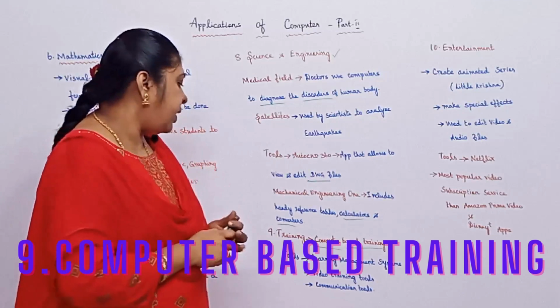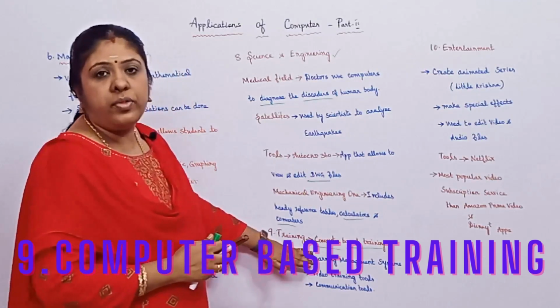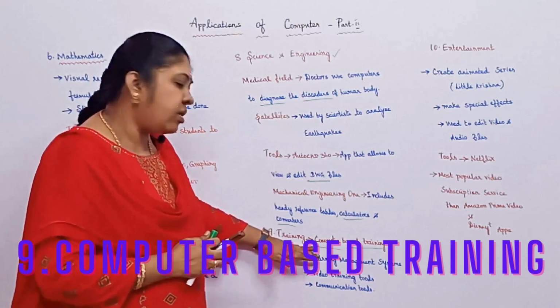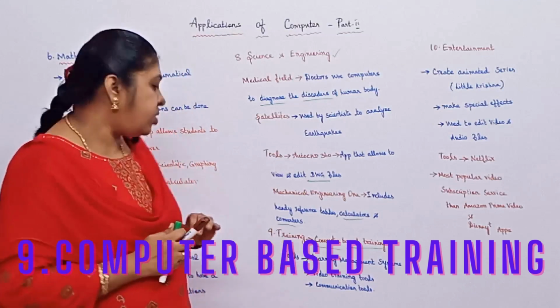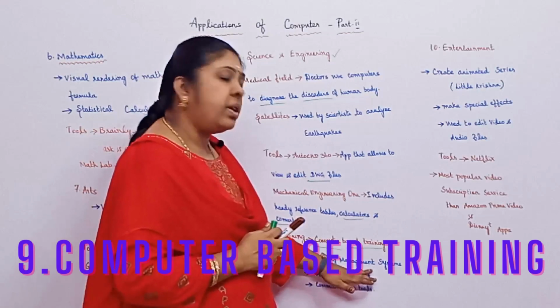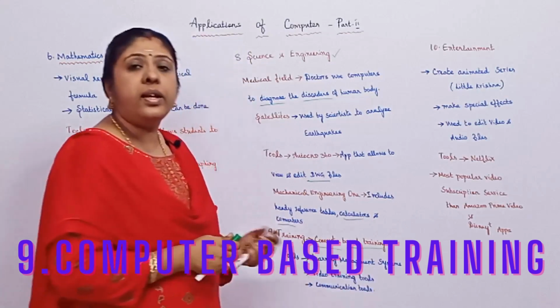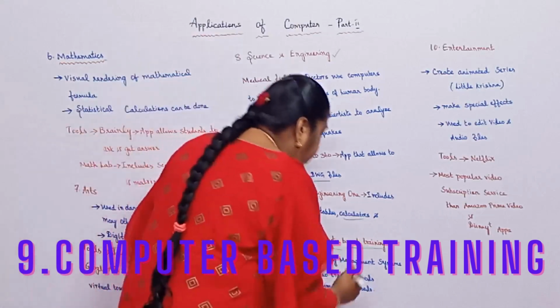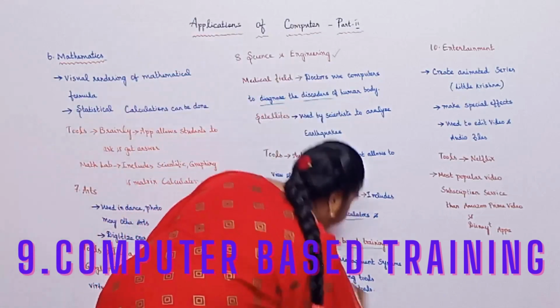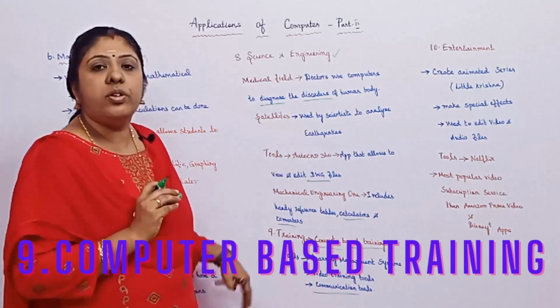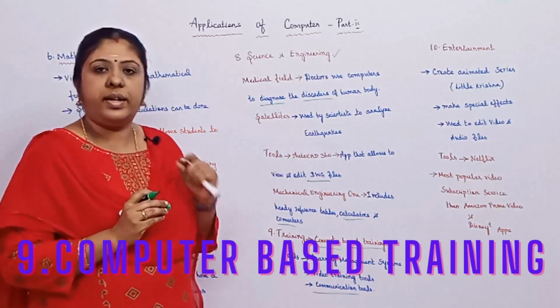So these come under organization training with the application of computers. The tools used here are learning management systems (LMS), video training tools, and communication tools. These are all the applications of computers in computer based training.